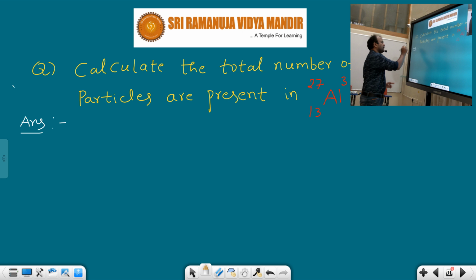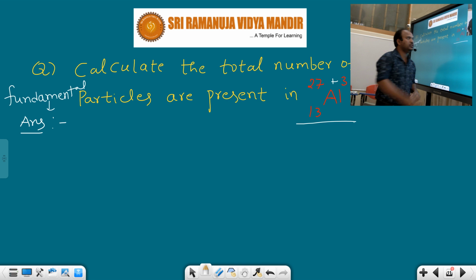Charge on the atom, how much? Plus 3. Plus means loss of electrons. How many electrons are lost? 3 electrons are lost. Total number of fundamental particles means we have to calculate the electron number as well as proton number and neutron number. Total means you have to add them, the summation.